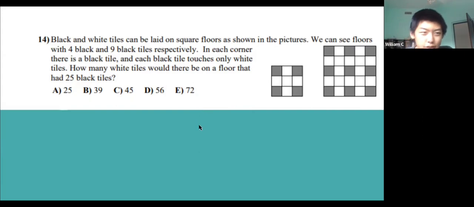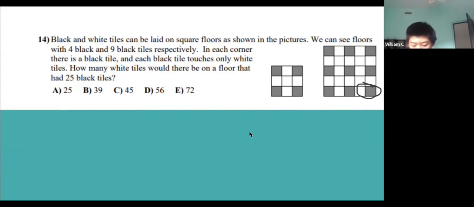Since class is pretty much over already, I'll just explain this problem. Basically, you can see that the number of black tiles corresponds to the length of each side of the floor. So every time we add a black tile, we add 2 to the length of the side.